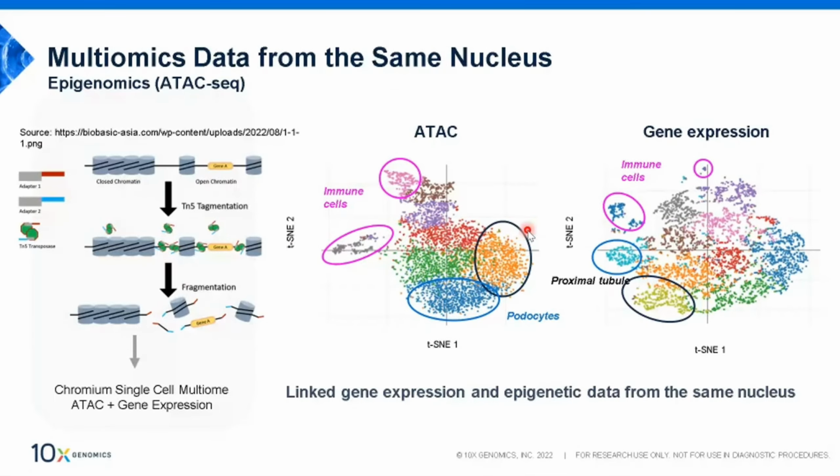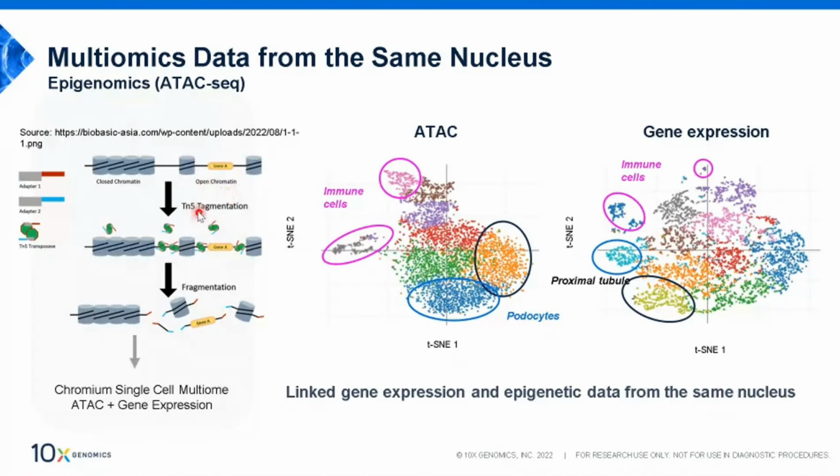In addition to protein information, in the same set of data we can look at the epigenetic condition of the cell as well. Again, we have the transposase to label the region of open chromatin.